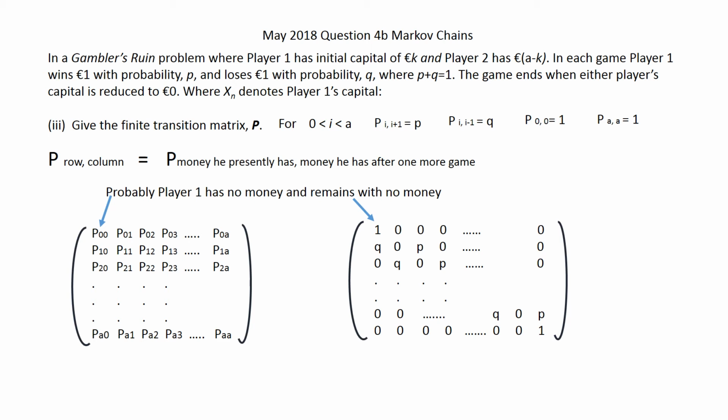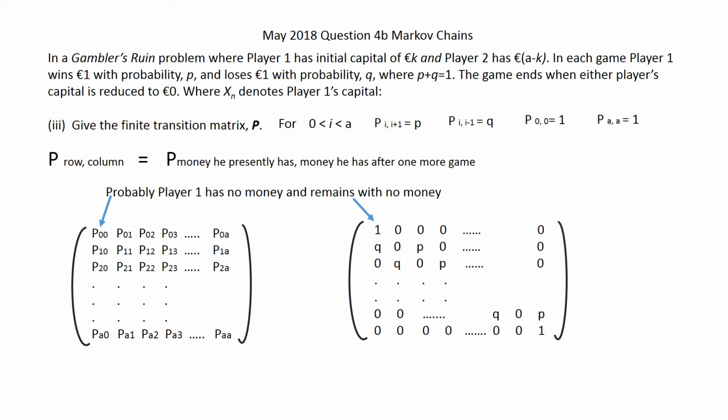Now, if you go back to the P matrix and look at the second row down, P10 means that the person has €1 and they lose €1 and end up with no euros.